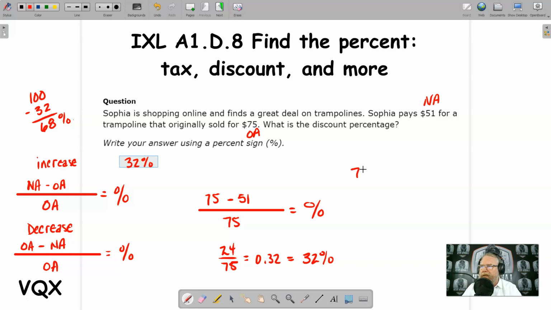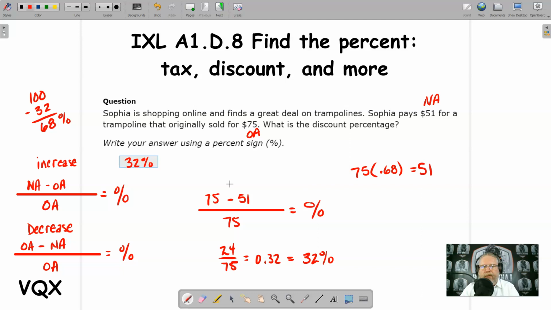So if you had an original cost of $75, and you multiplied that times 68%, which is 0.68, we should indeed get that $51. So if I plug that back in, 75 times 0.68, indeed I get 51. So I could always double check my answer that way.